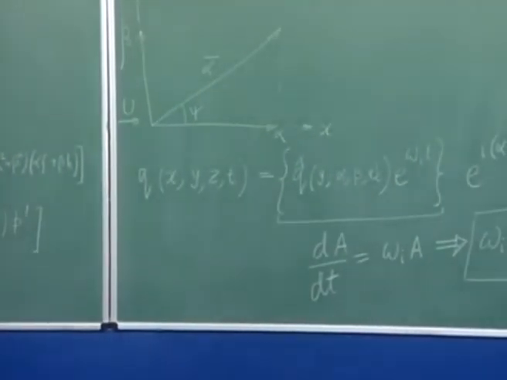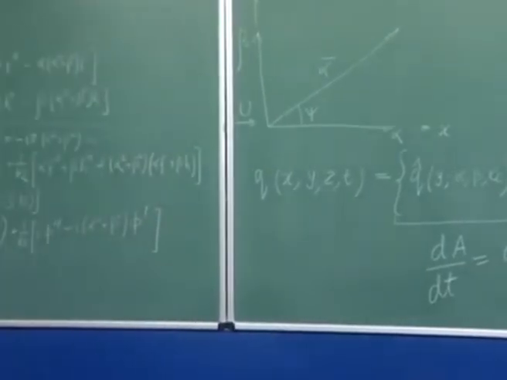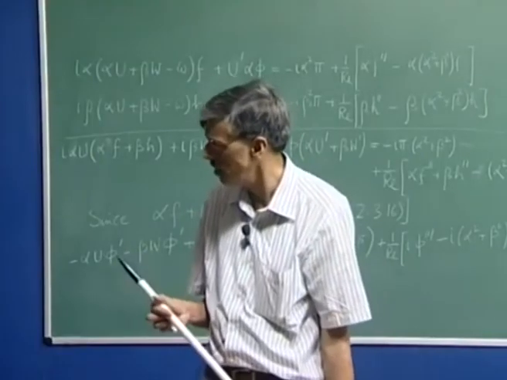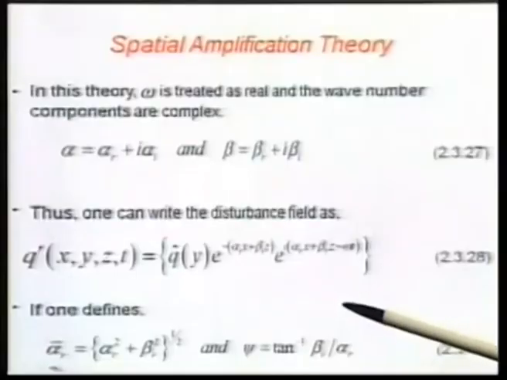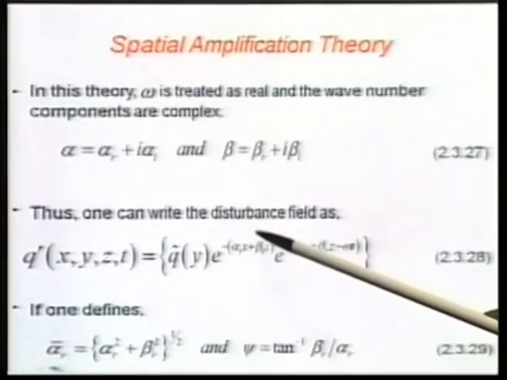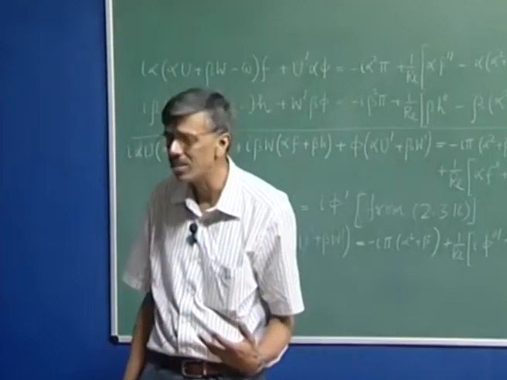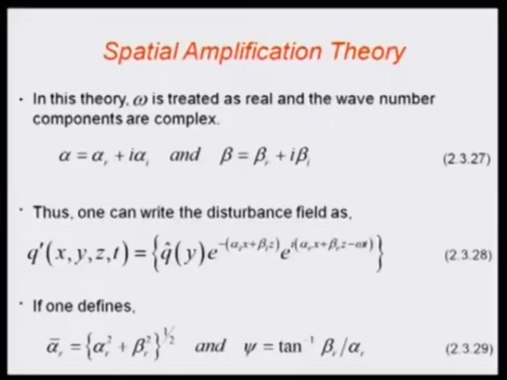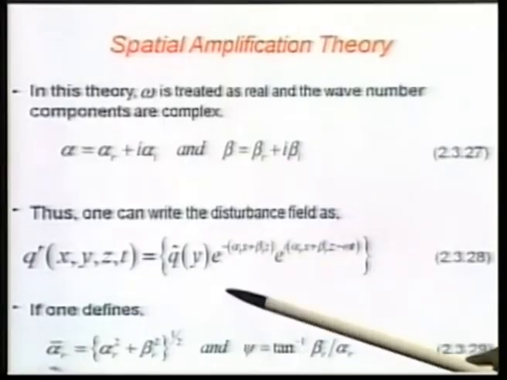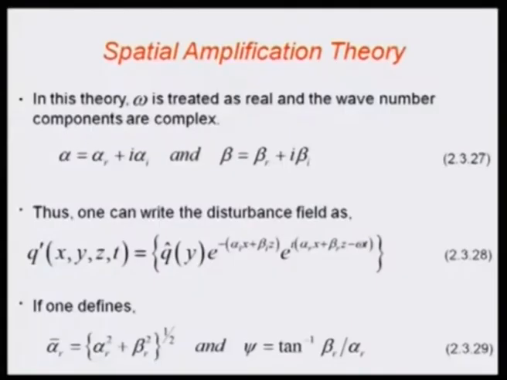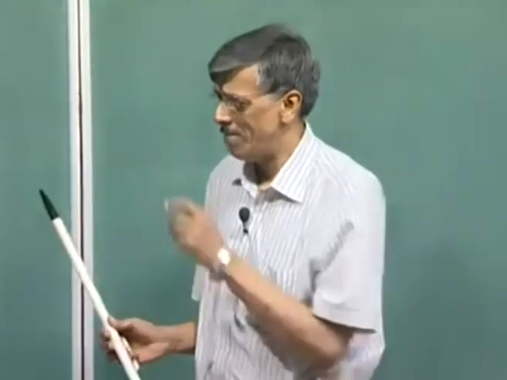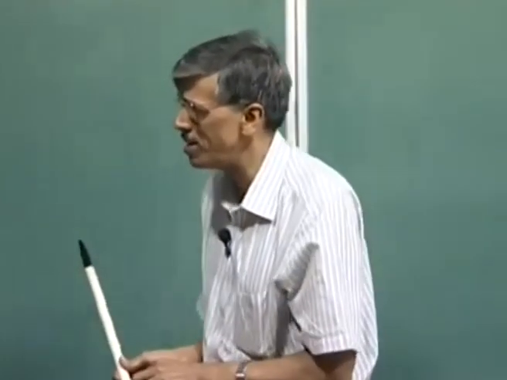So, we can obtain the alpha i's and beta i's, and if their net sum effect is negative, then of course, this will grow in space. We will talk about it slowly.